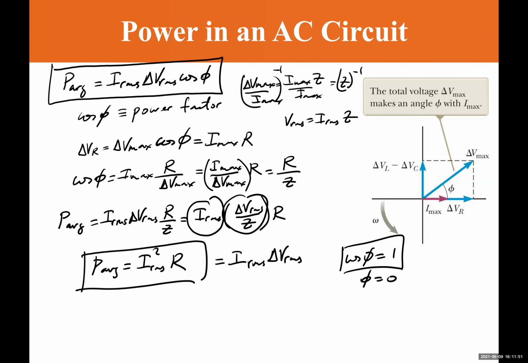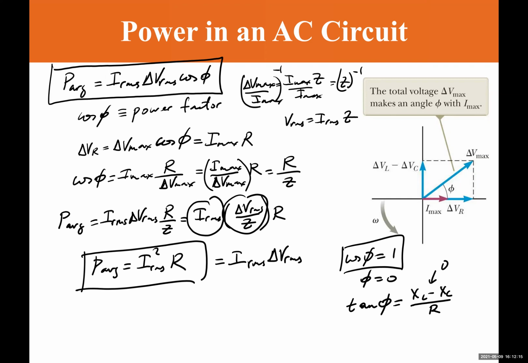This is when your load is purely resistive, remember? Because when we calculated tangent of phi, this was x sub L minus x sub C divided by R. That means in this case, if those two are equal and their difference is 0, then phi equals 0 and your load is purely resistive.